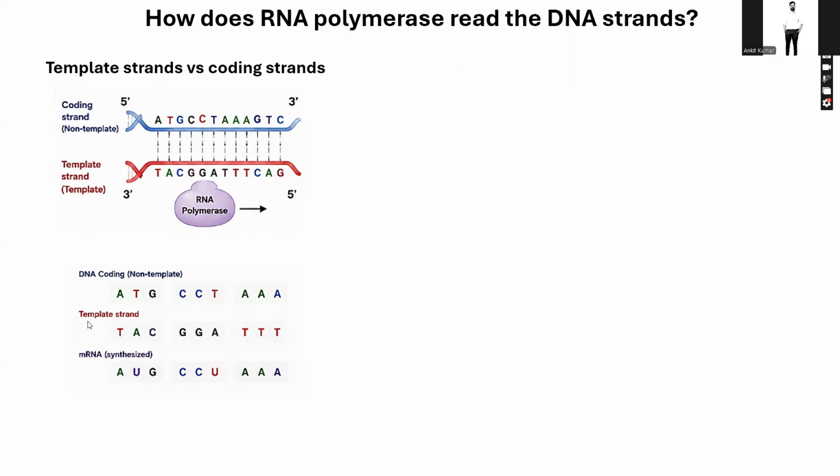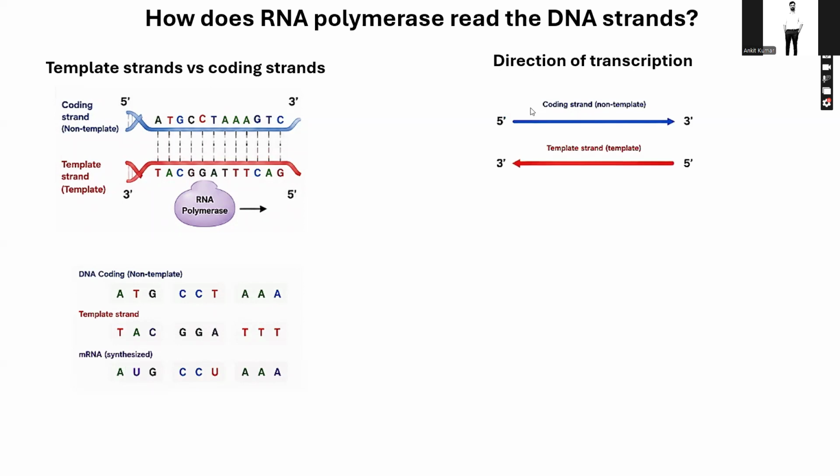And as I have told you, RNA polymerase binds with the template strand, then the mRNA is synthesized. In the mRNA, you will see that the base being added is complementary to the template strand. So if it is T here, then it will be A. If it is A here, it will be U, because this is the mRNA. So in place of T, you will see the uracil base, that is U. Okay, and this is how these things happen.